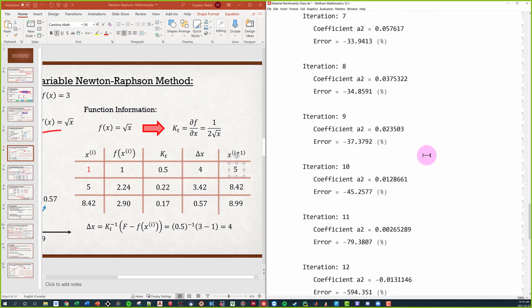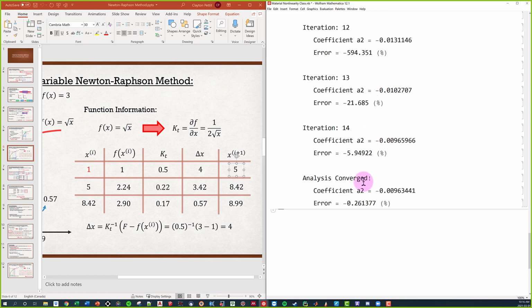We run this, come down here, and we got a message: our analysis has converged. Our coefficient A2 is equal to negative 0.0096, and the error associated with this is negative 0.2%. So at this point we are good to go. It was able to converge and find our value of A2.